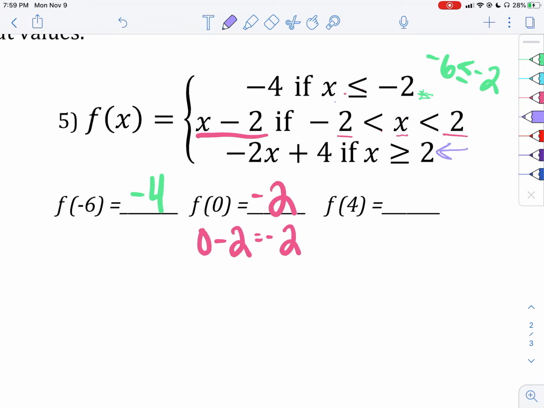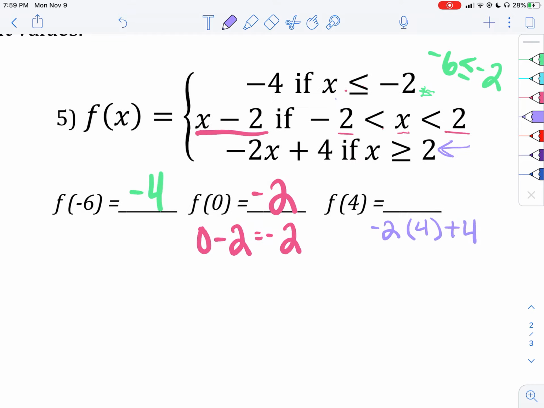So we're going to use this. Okay, so -2 times x, we put 4 in for x, add 4. Now we're just solving. Sorry, -2 times 4 is -8, plus 4. Okay, -8 plus 4 gives us -4. Okay, so that is evaluating your piecewise functions.